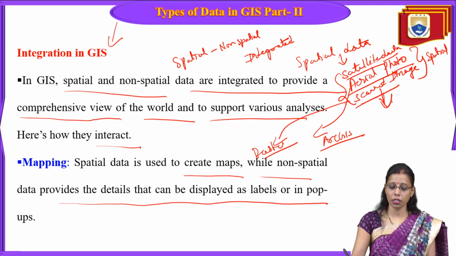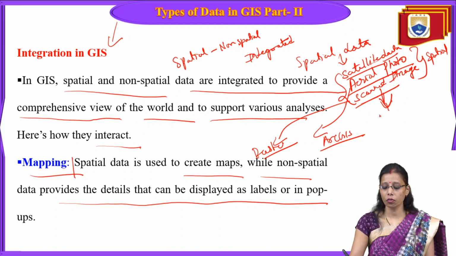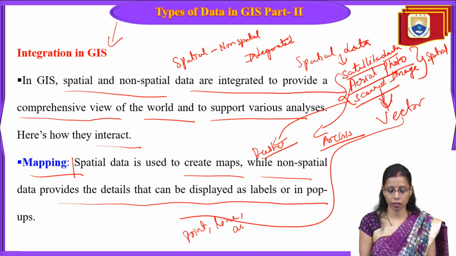Now, if you want to create the mapping from this raster image, we have to convert it into vector. What is vector? Vector is converting the information in the form of point, line and polygon.